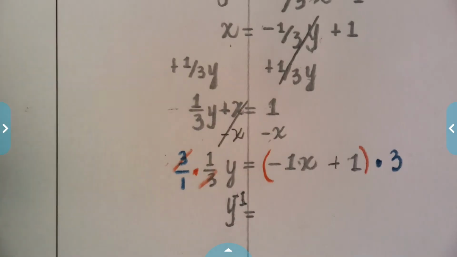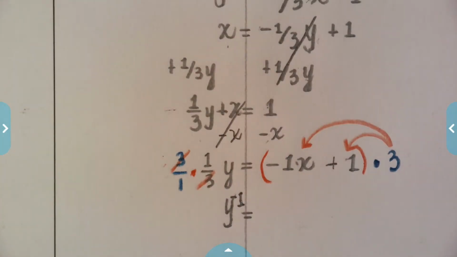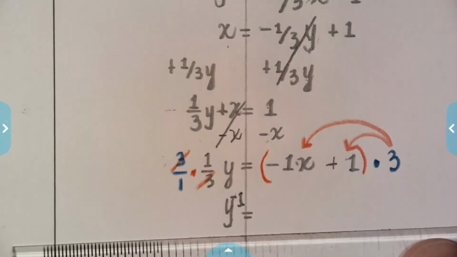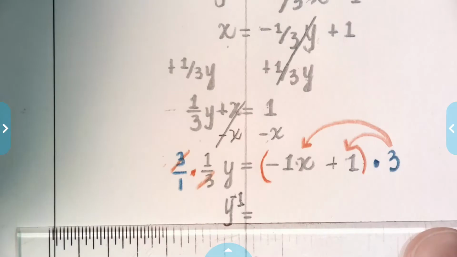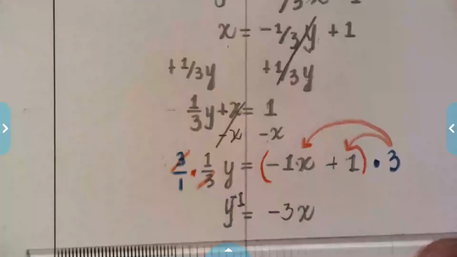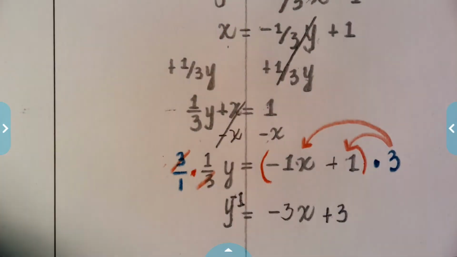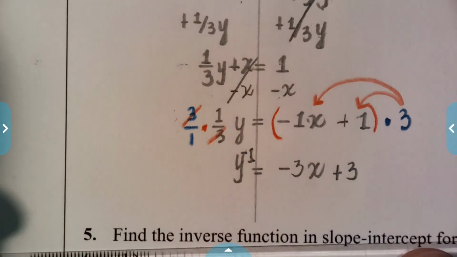Okay, and now I'm going to do the distributive property, and I'm going to multiply that 3 to that negative 1x, and also to the 1, okay? So the inverse y is going to be 3 times negative 1x is negative 3x. Three times 1 is 3, so negative 3x plus 3. And so now the last step is to just put it back in function notation.